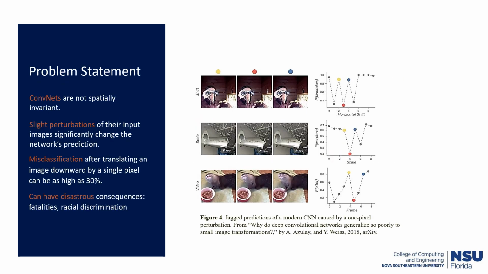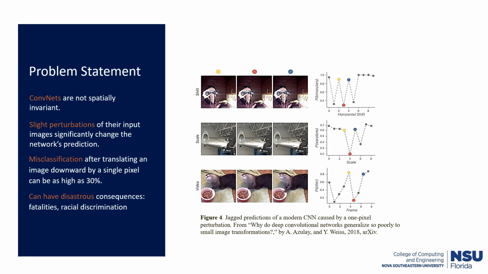Now, what is the problem? Well, the problem is many authors have shown that ConvNets are not spatially invariant. And that basically means that very small perturbations in the input can result in significant changes to the network's prediction.